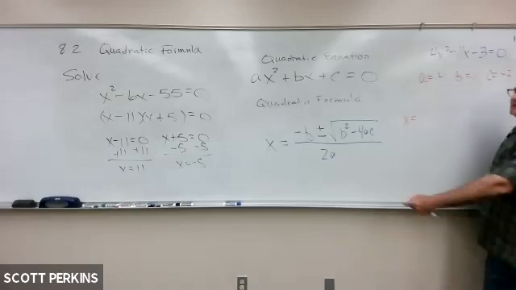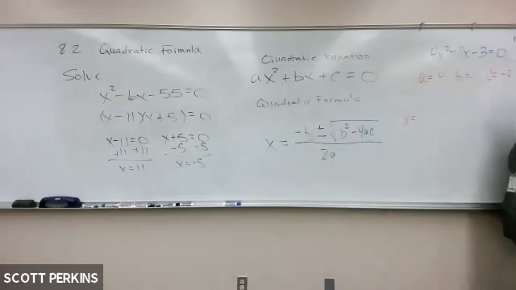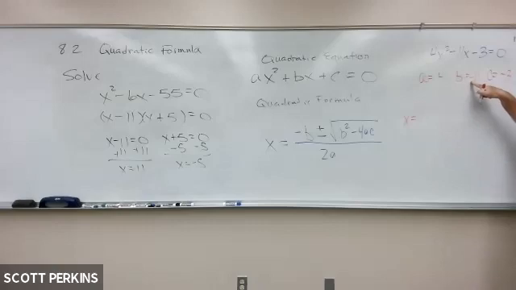Starts off with negative b, the opposite of b. So you just told me a minute ago that b is negative 11. So what is negative b going to be? Positive 11, great. Plus or minus, we'll talk about that in a minute. The square root of b squared. What's negative 11 squared?